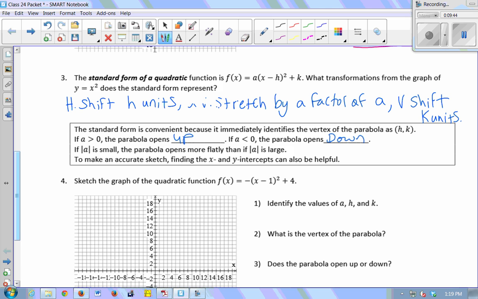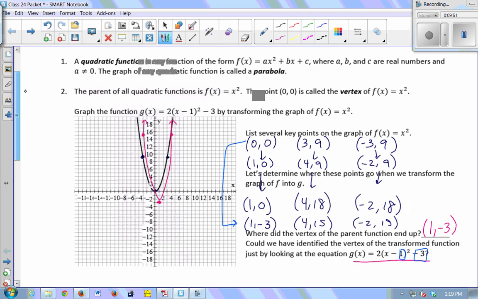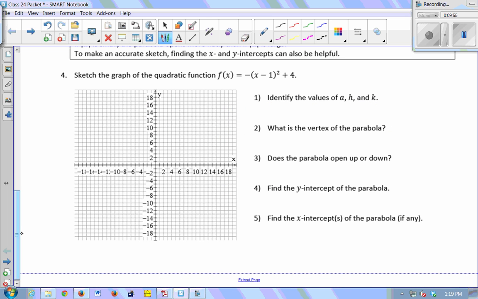So let's do a little example where we sketch a graph of a quadratic function. And this time it's going to be a little bit easier than doing this transformation business, because now we know that we can just pick out the vertex right away. Okay. So first I want to locate the values of a, h, and k in this formula.